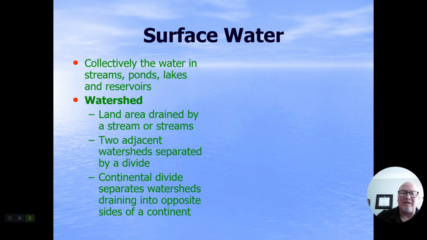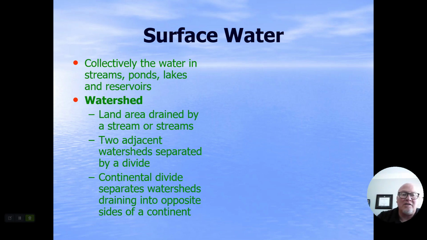So any land area that's drained by a particular stream or streams or rivers, this is referred to as a watershed. So, for instance, in a particular area, all of the runoff that comes into that area will go into one particular stream, and all of that area is referred to as the same watershed.